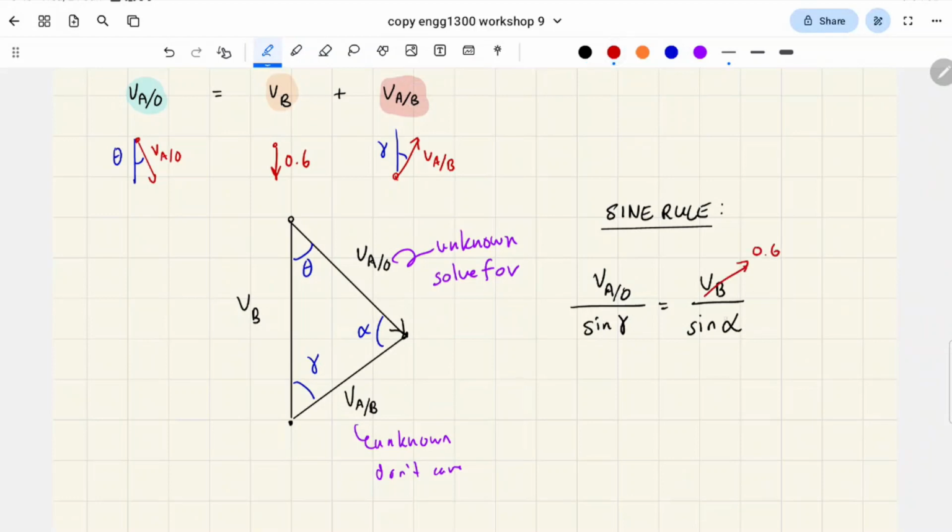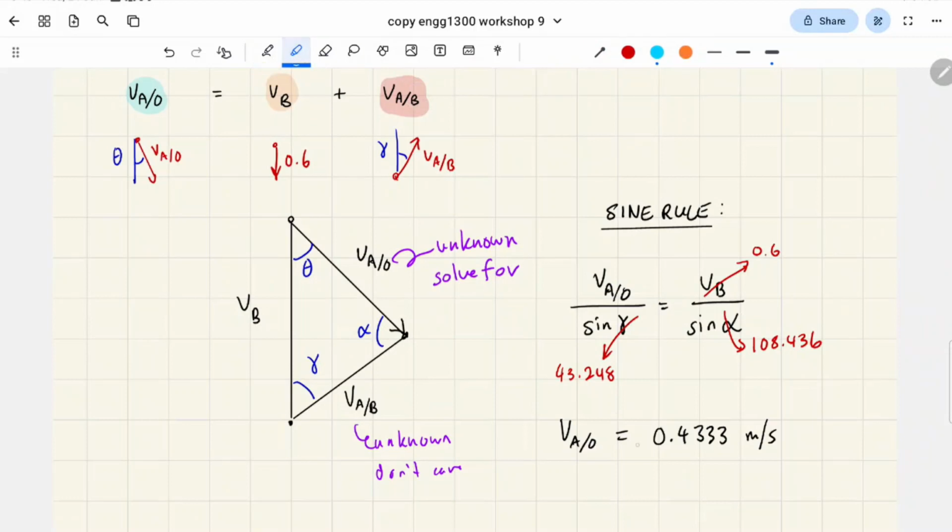So that's 0.6. Alpha is 108. This is what we calculated in the very first step with the geometry, right? So VAO, when we solve for it, so we move that onto the other side, it's 0.4333 meters per second, right?